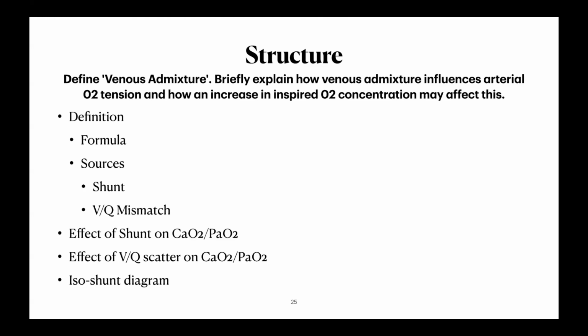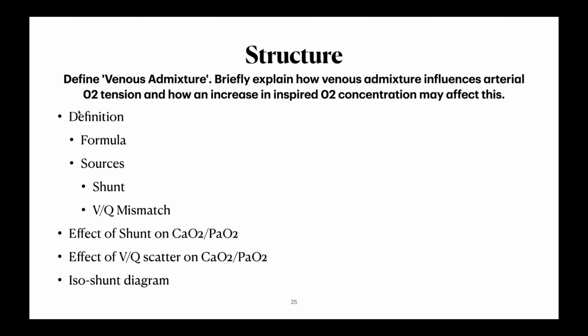There's really three parts to this question. You need to define venous admixture. And then after that, you need to explain how venous admixture influences arterial oxygen tension. And then the third one is how an increase in inspired oxygen concentration may affect this.